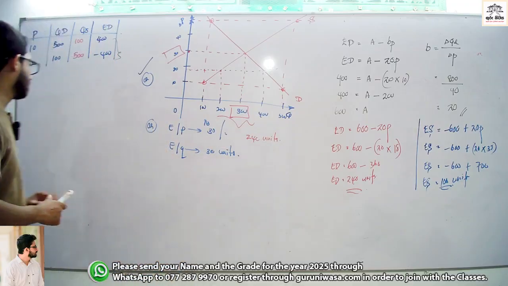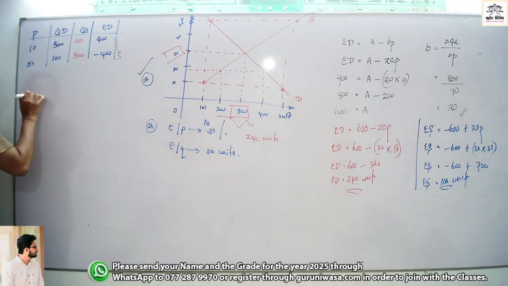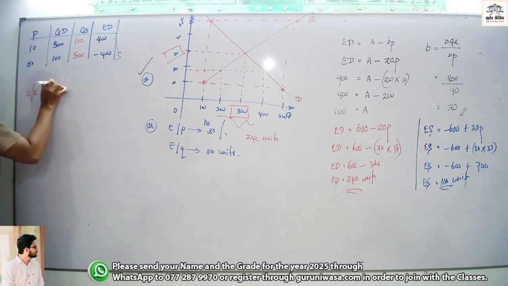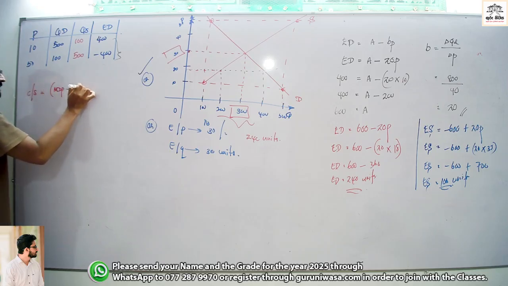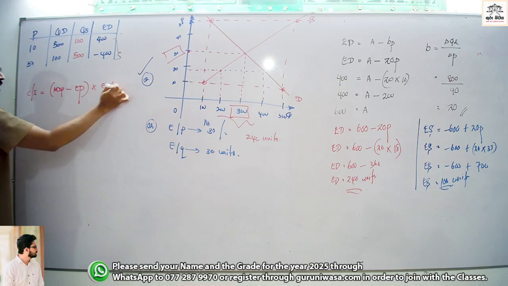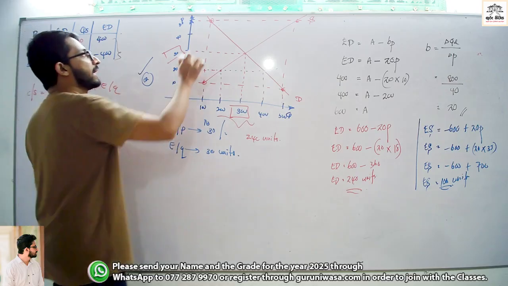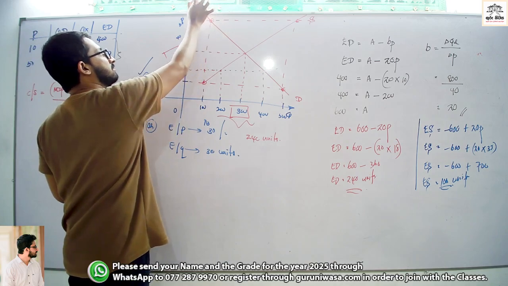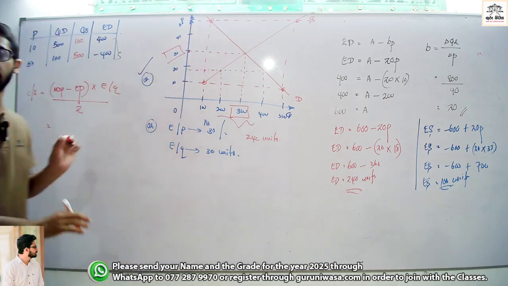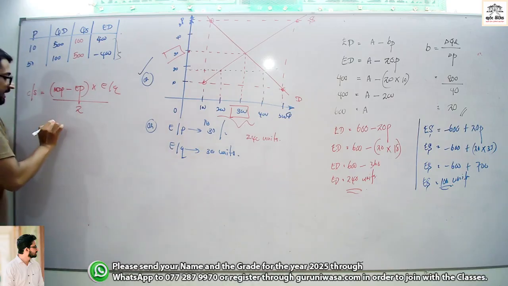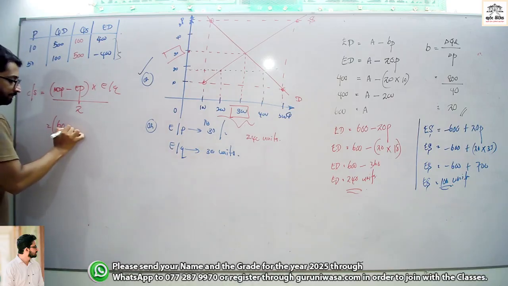So here it's better to derive excess demand and excess supply equations. Consumer surplus equals maximum demand price minus equilibrium price, into equilibrium quantity, divided by 2. If you extend your demand curve, it will touch the price axis at price 60.